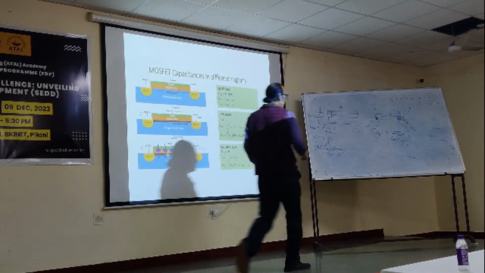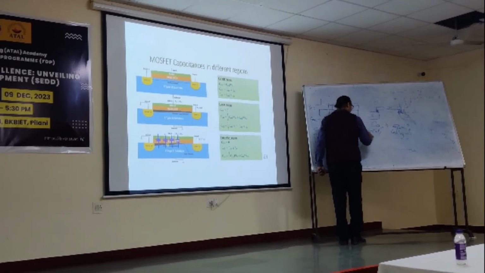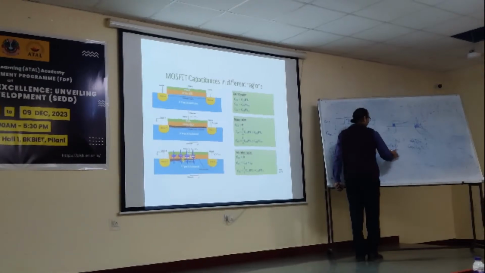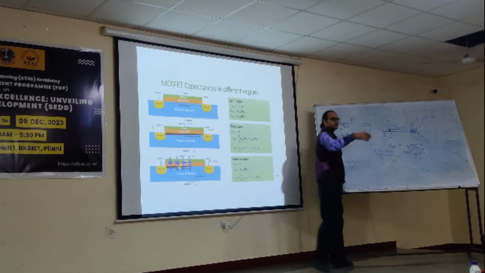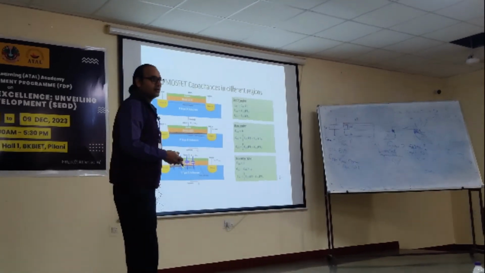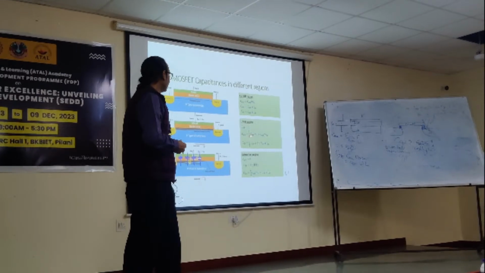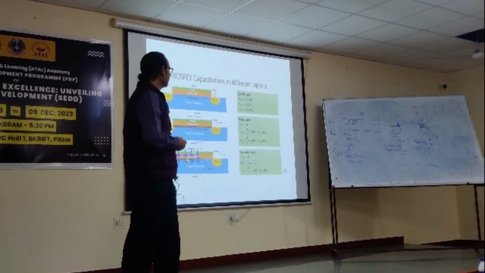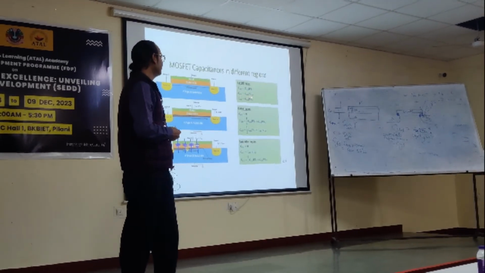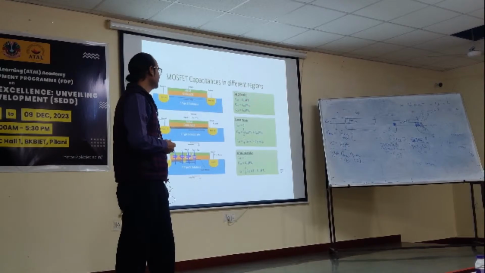This is the gate to drain overlap capacitance, which should ideally be taken equal to gate to source. Is it clear? So these are the different capacitances. Gate to drain means only the overlap part. Gate to source, overlap part. Gate to body, this one.